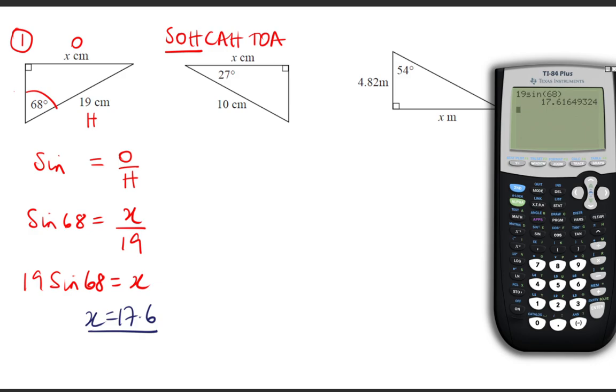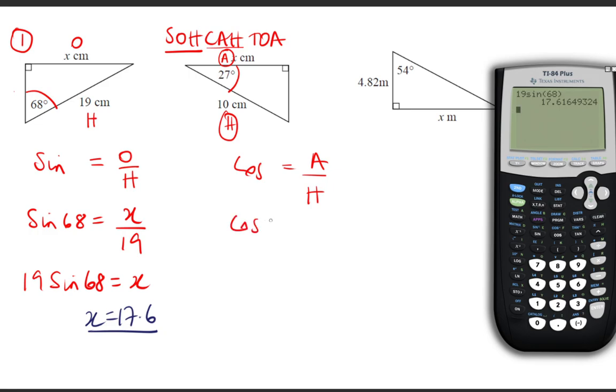Okay, the next one. Again, we've got the angle here. So this is the opposite, but we don't need the opposite and we're not given it. This side is obviously the adjacent, and this side is the hypotenuse. So this time we've got A and H, so actually we need to use the cosine this time. So cos is adjacent over hypotenuse.